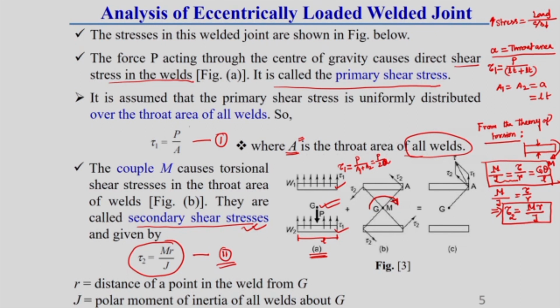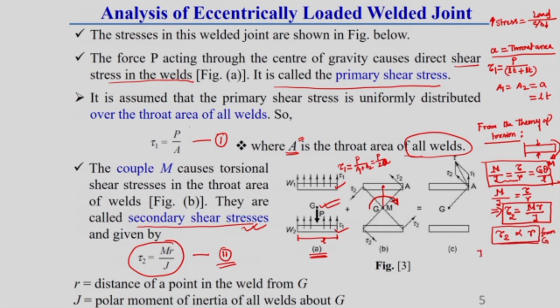What is this M? M is the couple acting over every weld, and r is the distance from G to the weld center line. One thing you can see is that tau 2 is proportional to the distance r from G. What is J?